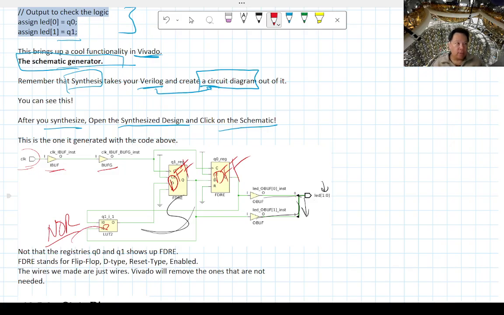Notice that the clock here went through a couple of buffers. This is one of the things you will notice if you start doing stuff that's very fast: the clock is a device inside the FPGA, and in order for it to be useful inside your circuit, it has to be buffered.